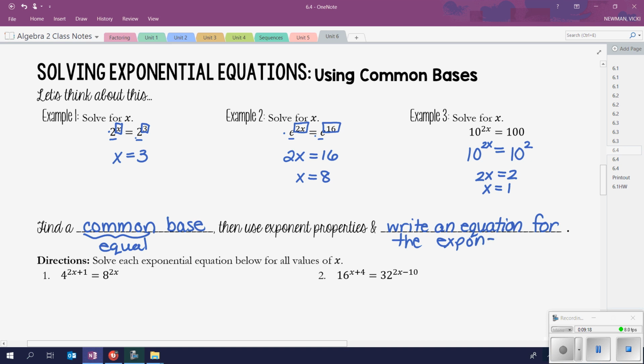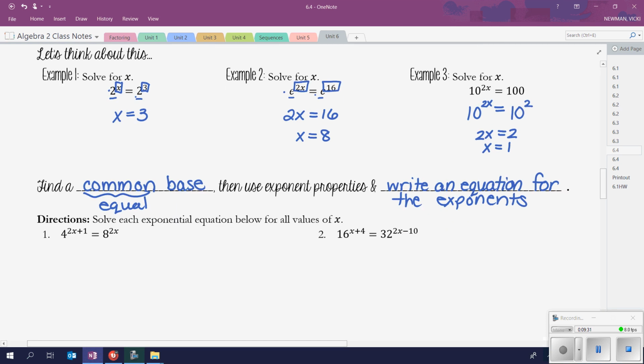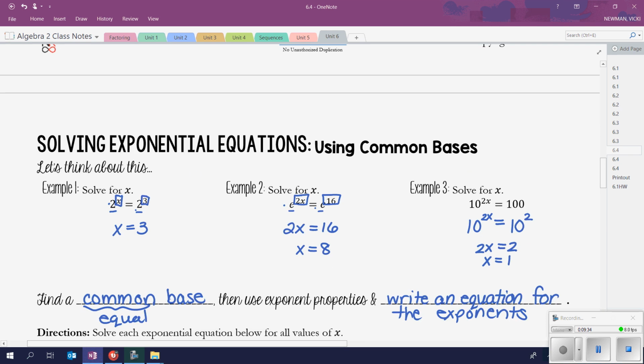So this is actually really, really fun, to be honest. This is kind of an easy way to solve, and this is part of the reason I teach you the way I teach you to solve in Unit 5 is so that you are understanding those properties of equality as it relates to equations. So here's the thing we need to kind of write down somewhere.